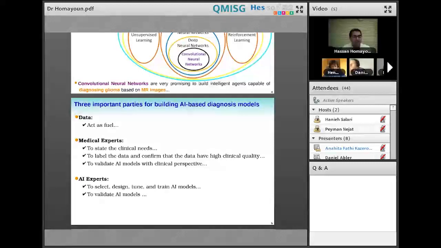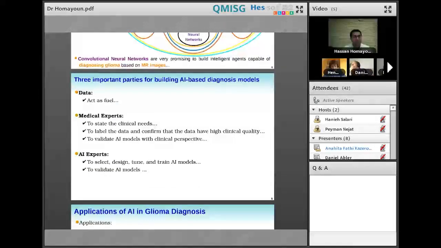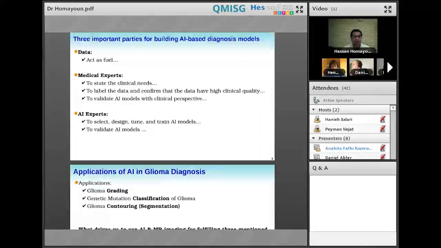They also validate the AI model from a clinical perspective, to check if the models are usable in clinics. And AI experts, as another party, are responsible to select suitable algorithms, customize them for the task at hand, and train the model. They also validate the AI model to be sure that everything from the data is captured.